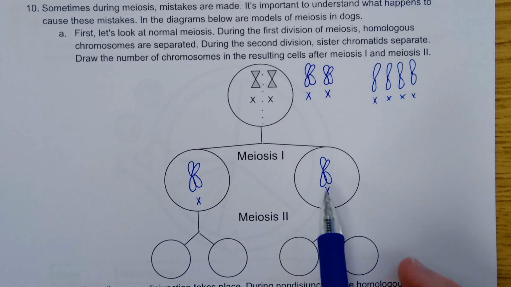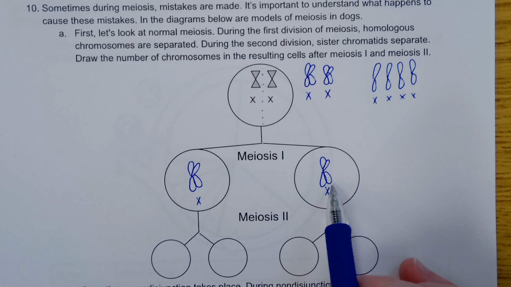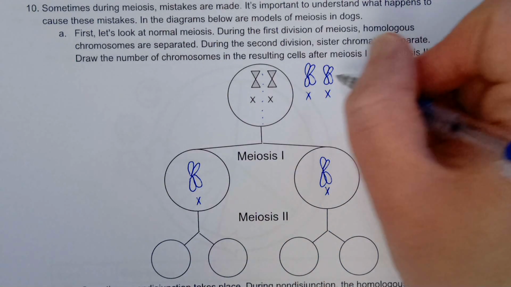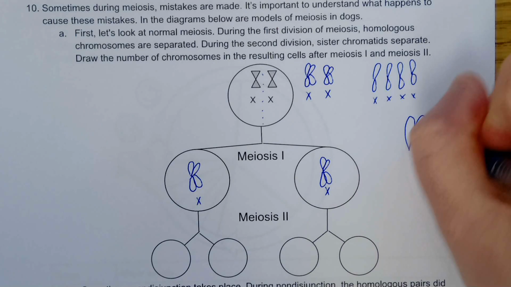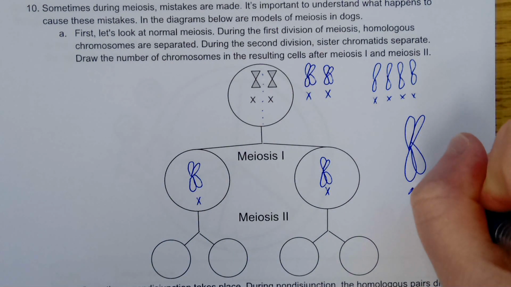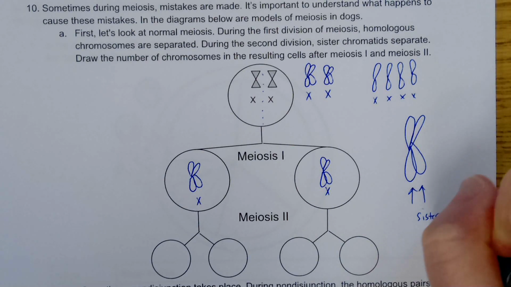And so it's important to know that this X is technically 2 X chromosomes that are identical to each other. We call them sister chromatids. If I were to draw it much bigger, this and this are called sister chromatids.